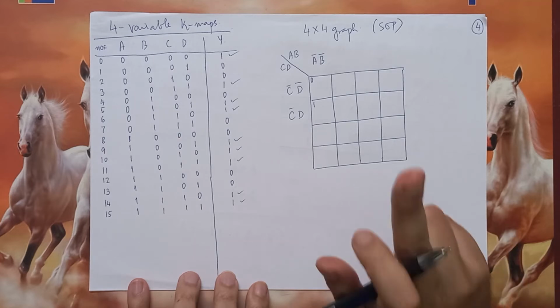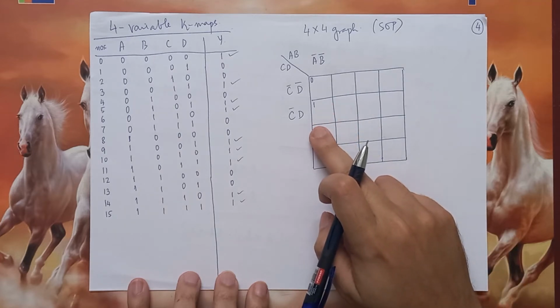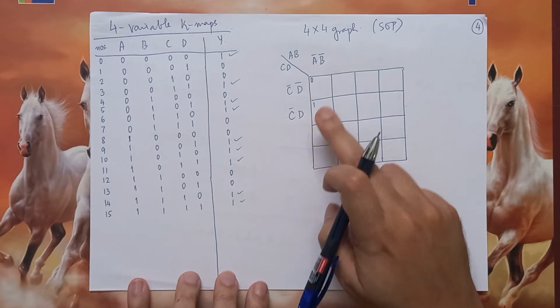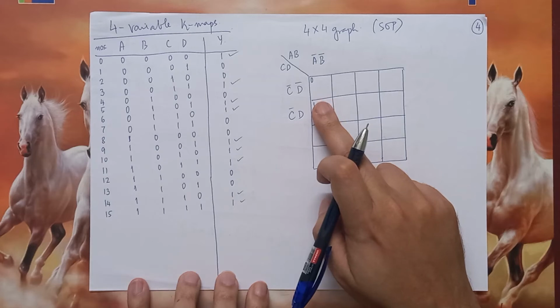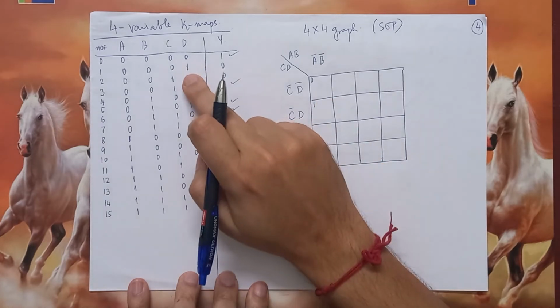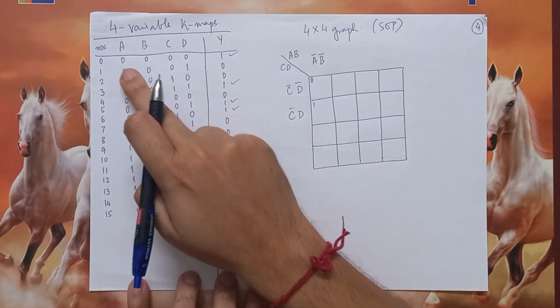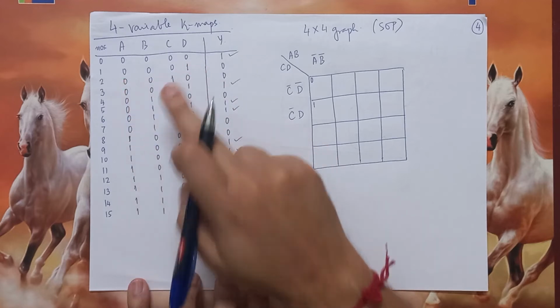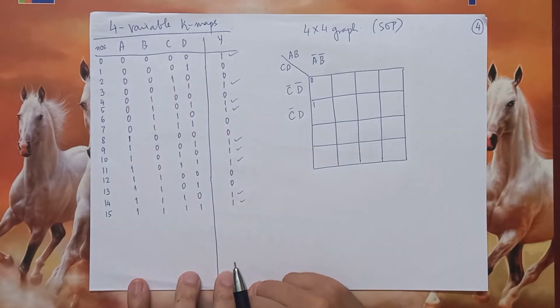Now let us be careful. Over here, this cell has to be numbered in such a way that it is differing from 1 by 1 bit position. So 2 cannot come because here it is 0001 and 2 is 0010. So it's differing in 2 bit positions.